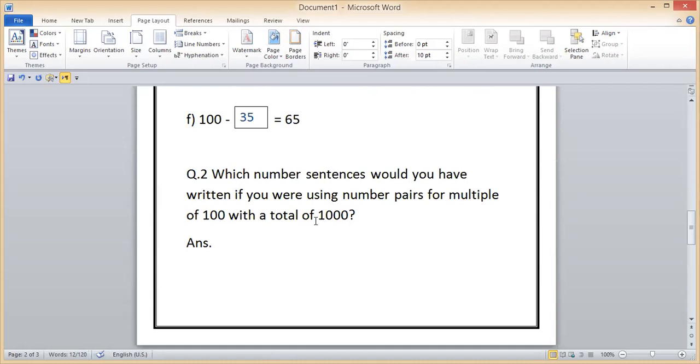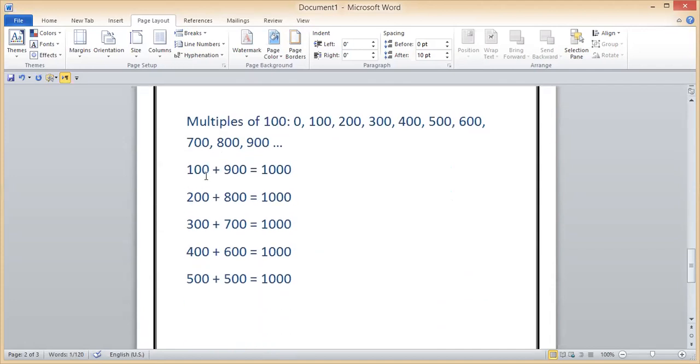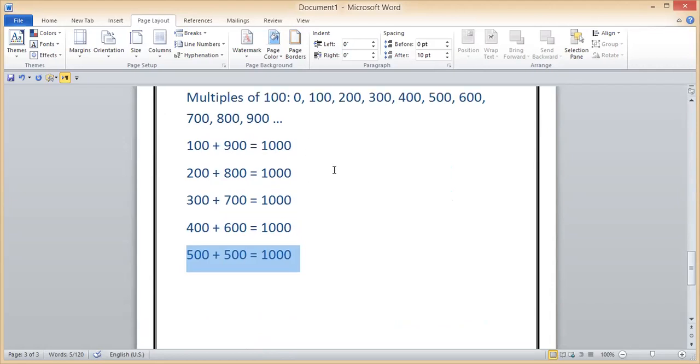So by using any 2 multiples of 100, if I had to make 1000, which number sentences can I use? I can write 100 plus 900, or 200 plus 800, or 300 plus 700, or 400 plus 600, or 500 plus 500, and the result I will get in all of them will be 1000.